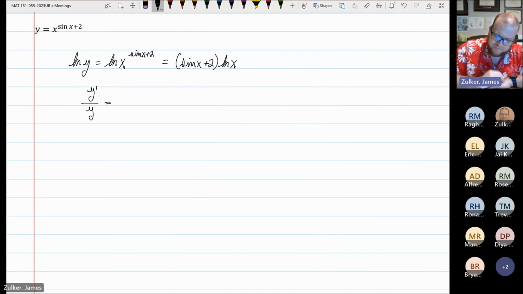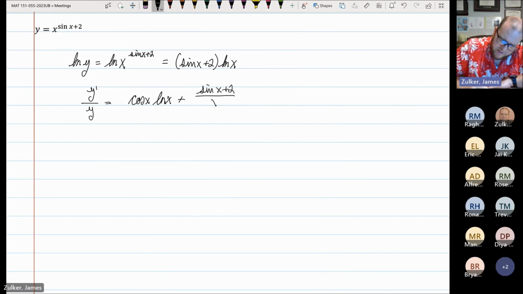Now we have product rule. So second function times the derivative of the first function plus first function times the derivative of the second.